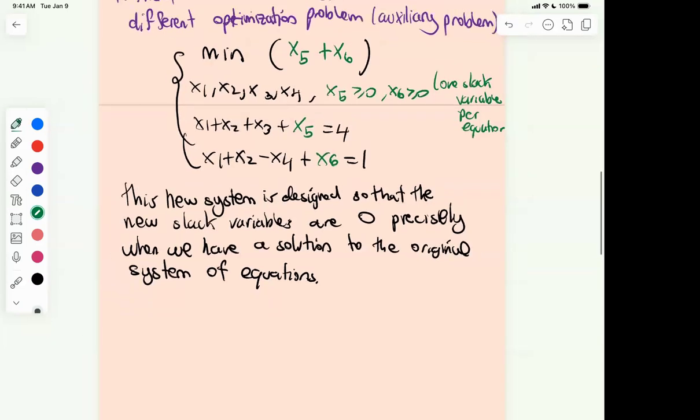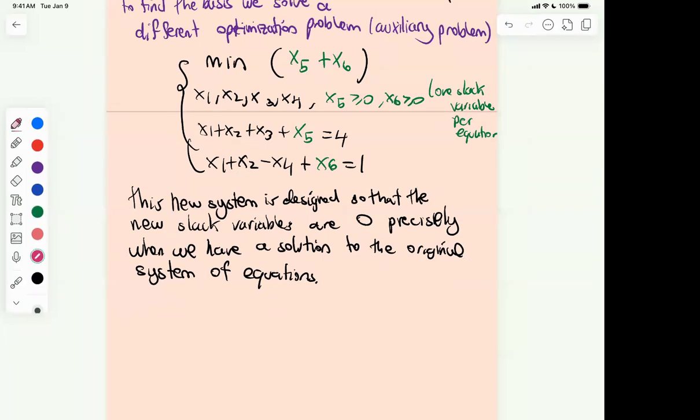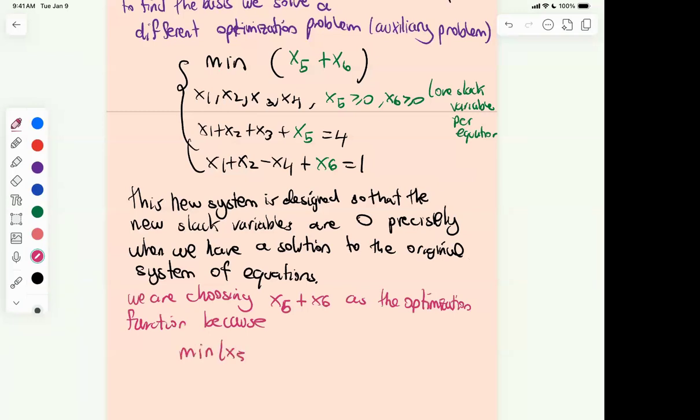So the choice of the optimization function is the following: we're choosing x5 plus x6, because the minimum of this function being equal to zero occurs precisely when, how can two non-negative numbers add up to zero?